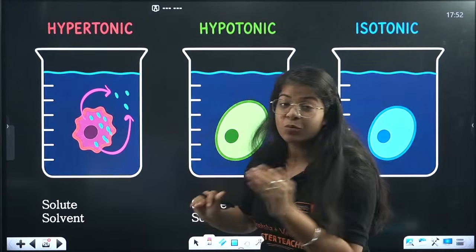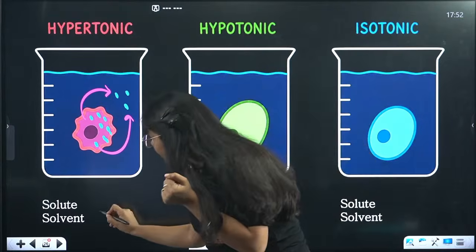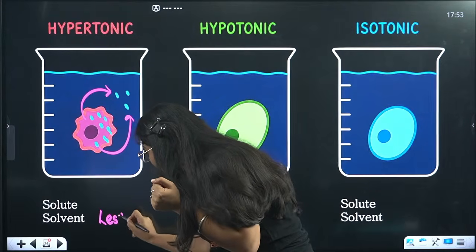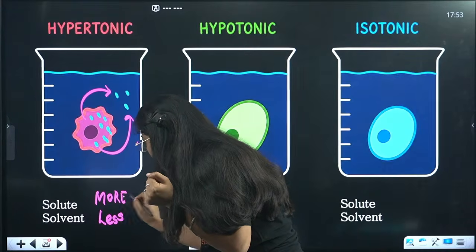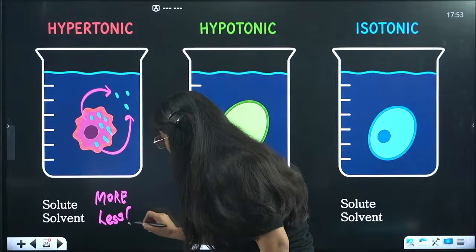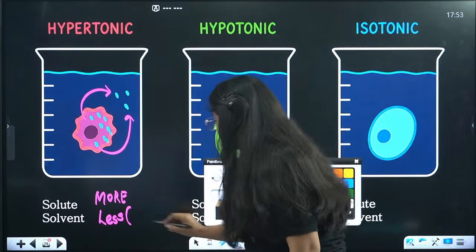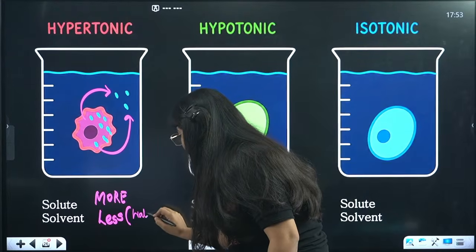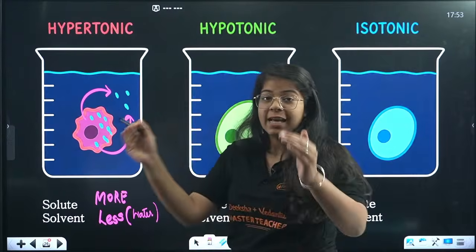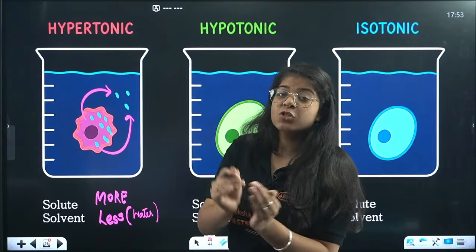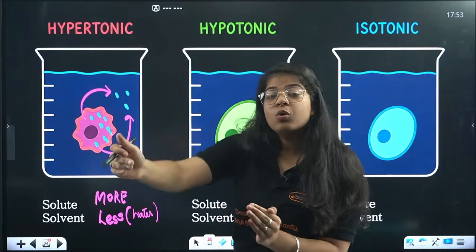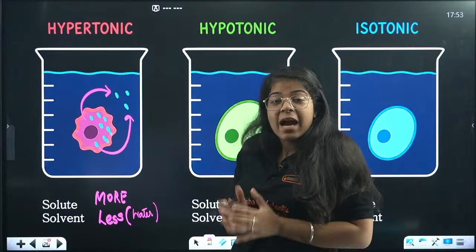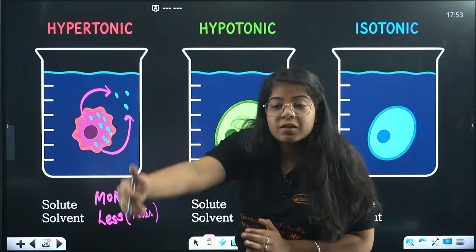So that means in hypertonic solution water is less, and water is always a solvent. So water is less and solute is more. Whatever the solute can be, we are not talking about it, right? But we are talking about the solvent, that is your water. In hypertonic solution, the cell shrinks, that means water is going out of the cell. That means water goes out only when it has higher concentration inside the cell and lower concentration outside.